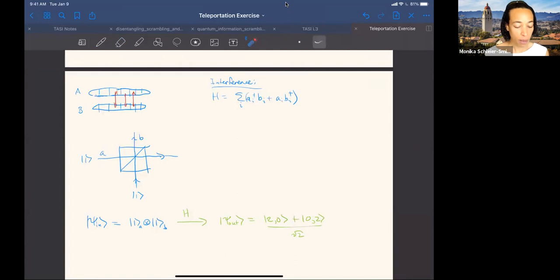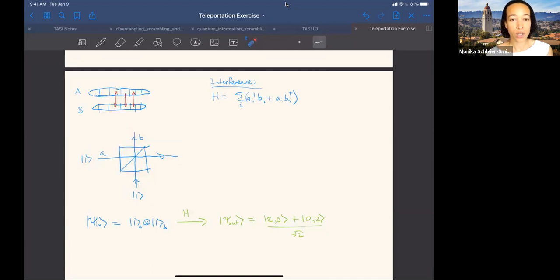bosons subject to this type of beam splitter operation: if I look at the number of photons out of a given port, in this case where the input is 1 and 1, I always get 2 out of one and 0 out of the other. But more generally, if I send the same Fock state into these 2 ports of the beam splitter, you're always going to get even parity of the photon number out of each port. So you're never going to get an odd number here and an odd number there if the input state is pure.